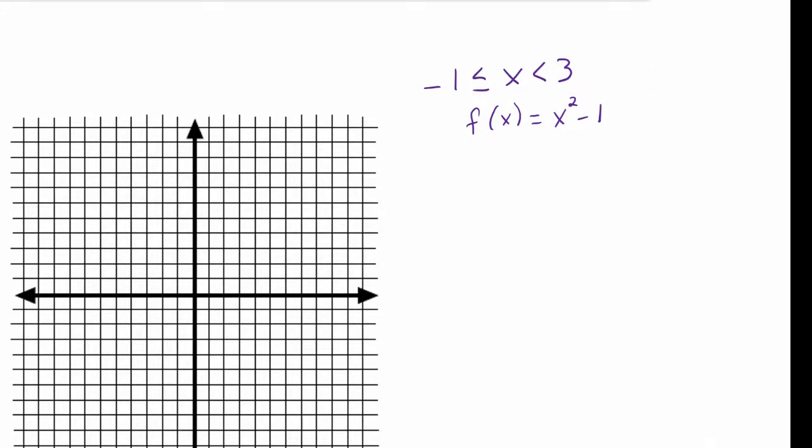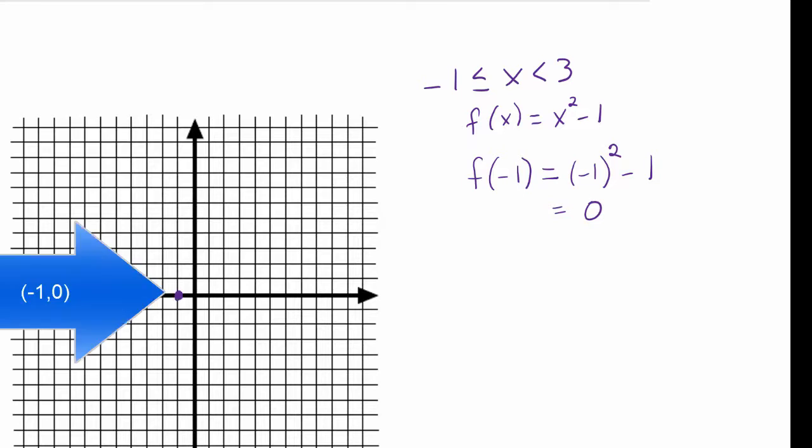And again, let's find f of negative 1. So f of negative 1 is negative 1 squared minus 1, which is 1 minus 1, or 0. And we're going to include that ordered pair in the parabola because of our equal sign there, right? So negative 1 and then 0.